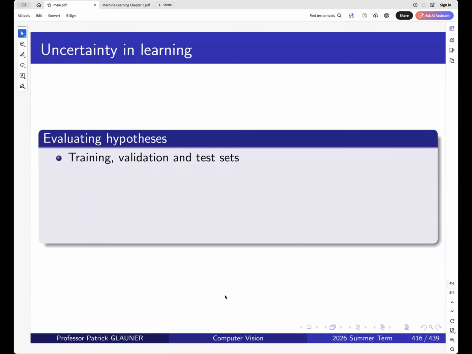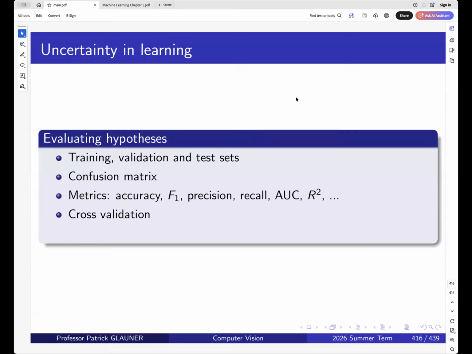What we can do is we obviously have training, validation, and test sets. So we train on a subset, we want to test on a different subset later, and oftentimes we have a validation set in between, for example, to do model selection and other things. And eventually, the model we have finally picked, we would apply to the test set.